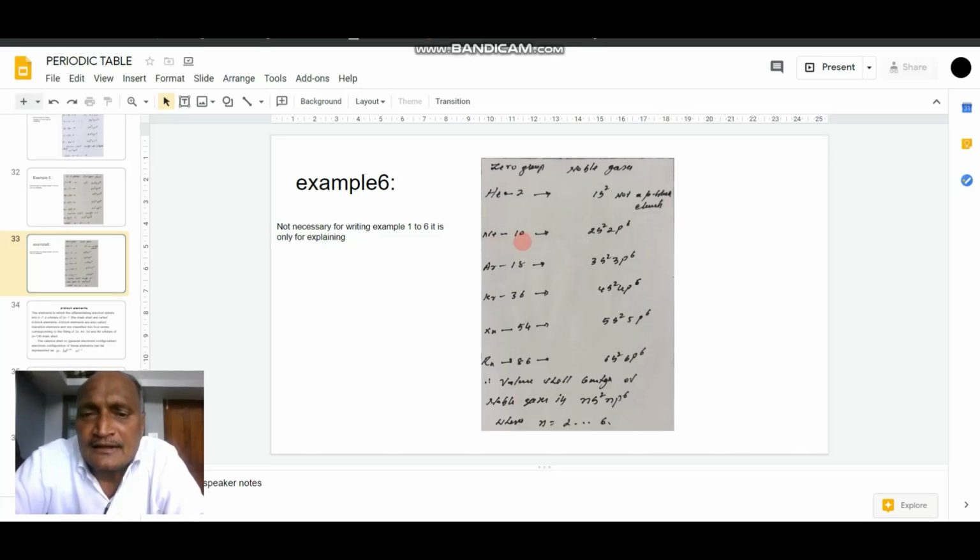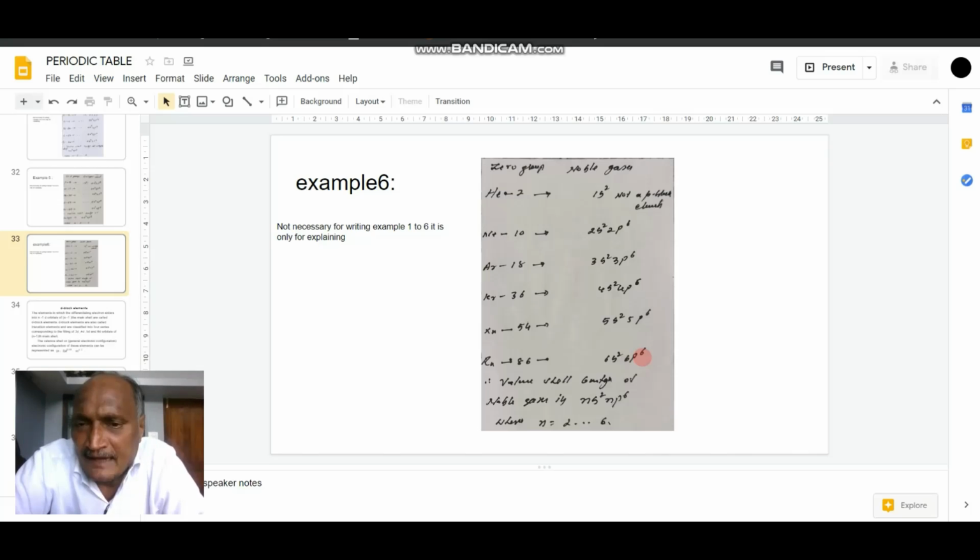Coming to the rest of the family members like neon, argon, krypton, xenon and radon, all the elements except helium receive 6 electrons in the p subshell as 2p6, 3p6, 4p6, 5p6 and 6p6.